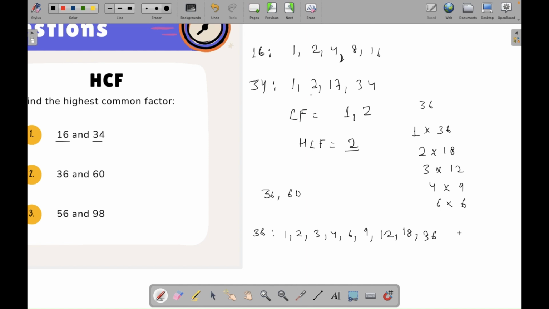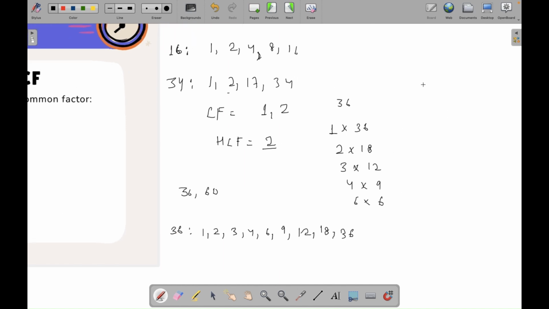Right? What about 60? 60, we'll write 1 times 60, 2 times 30, 3 times 20, right? 4 times 15. So it has a lot of factors. 5 times 12, 6 times 10, 7 not divisible, 8 also not divisible, 9 not divisible, 10 times 6, which is the same thing that we wrote here.